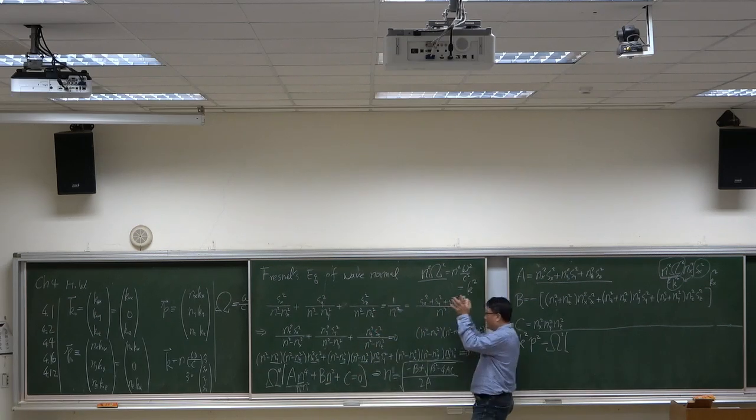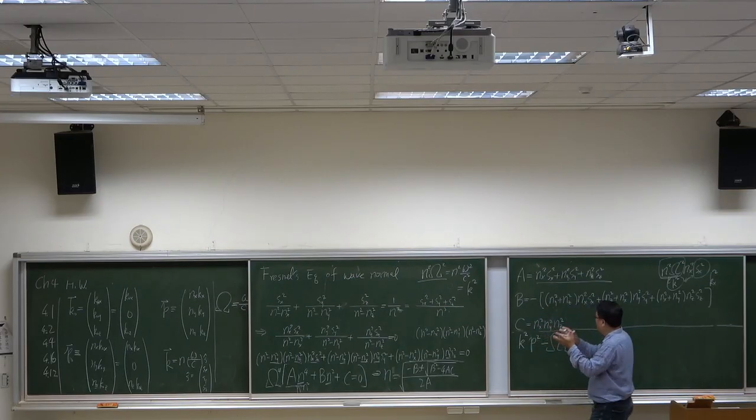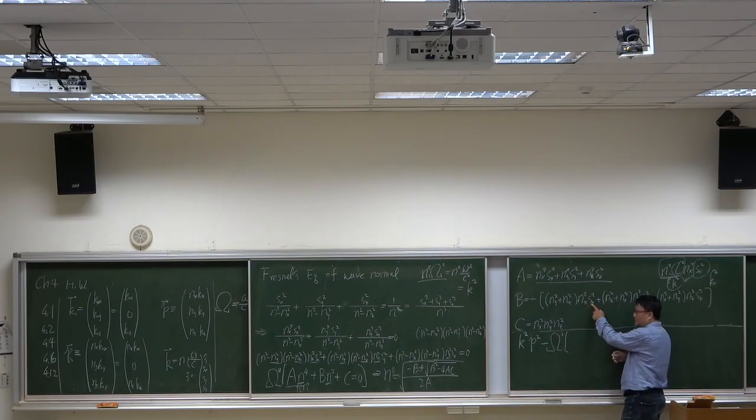So n squared times omega squared gives us k squared, and k squared times sx squared gives us kx squared, and times this gives us px squared.